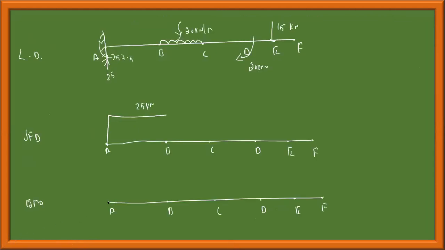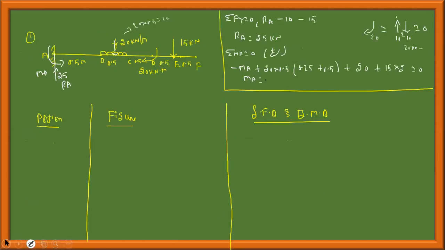At this point this is minus 45. I will indicate it here. Below this line, this is the beam, below this line is negative, minus 45. This is constant, this has to be linear, like this. Okay, next.